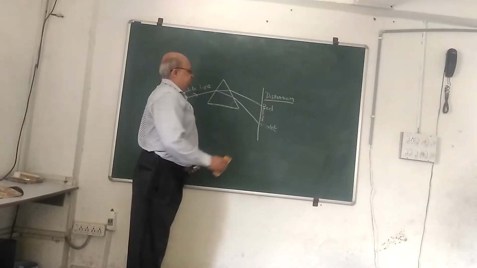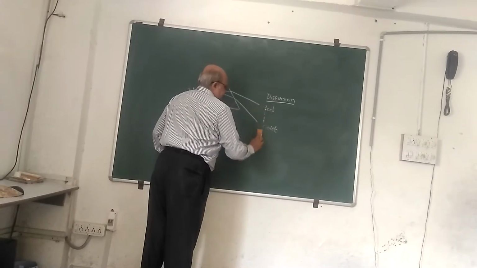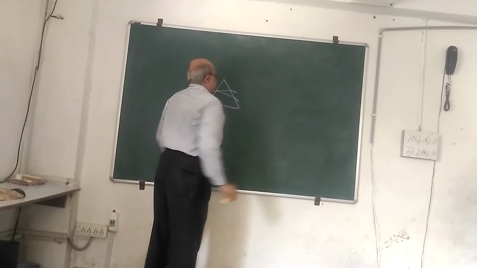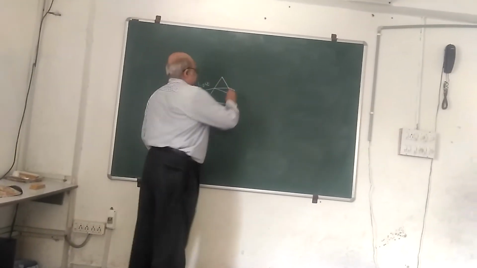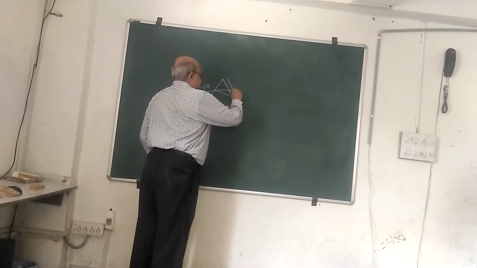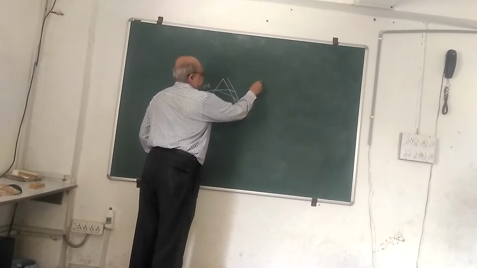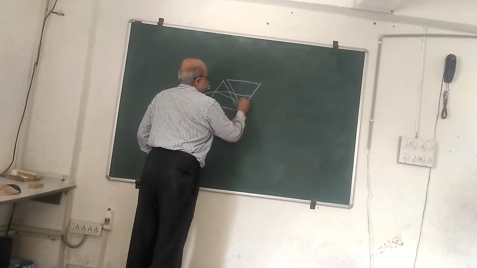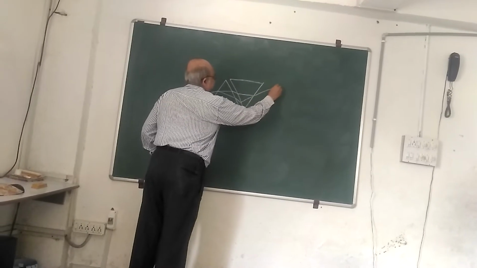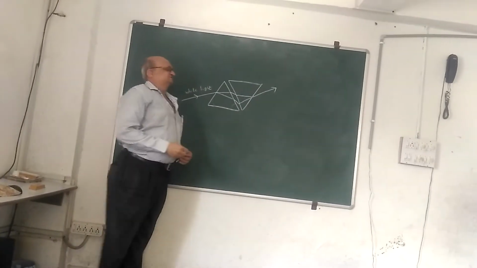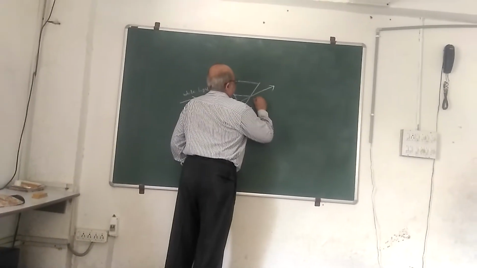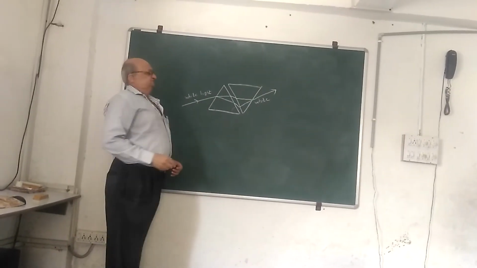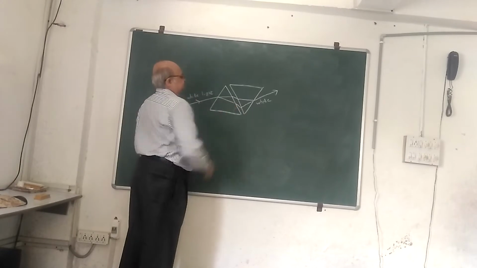If instead of a screen, we put another prism upside down, then these 7 colors would combine to give us once again a white light, which tells us that the white light is made up of these 7 colors.